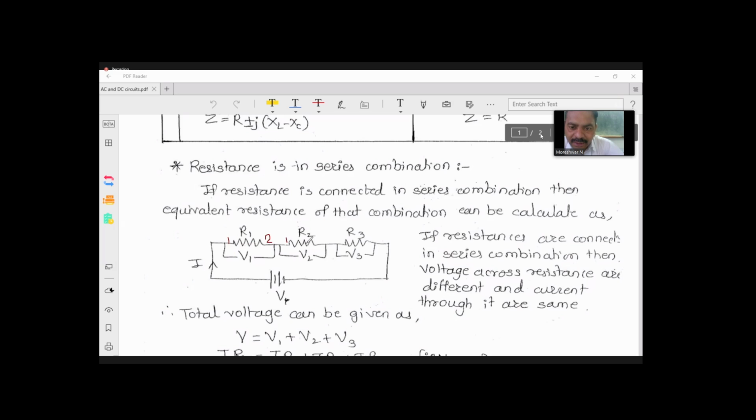We know the value of voltage is 10, divided by the resistance value 17, and after calculation, whatever value of I we get, that same value of current is flowing through R1, the same value through R2, and the same value through R3. Means the current flowing through this whole circuit is the same, it will not change.